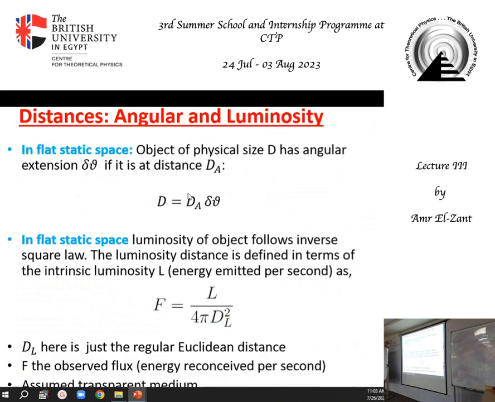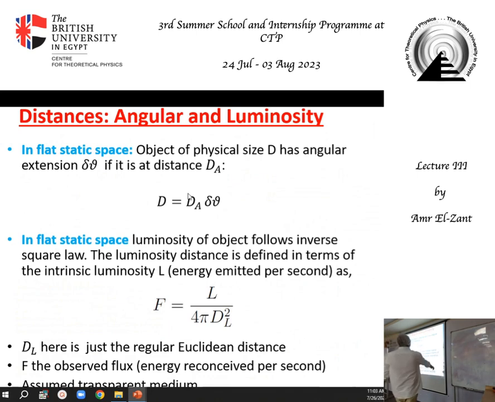Now, two main distance measures are done in cosmology, or astronomy in general, actually. There are others, but these are the most important. There's something called angular distance, and angular diameter distance, and luminosity distance. And they're very simple, actually.